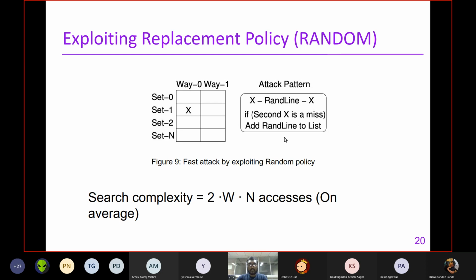We repeat this process, and on average, if we assume that the probability of this random line falling into the same set is 1 by n, then if we do n accesses, we can find one such element. So if we need W such elements, we roughly need 2Wn accesses on average.